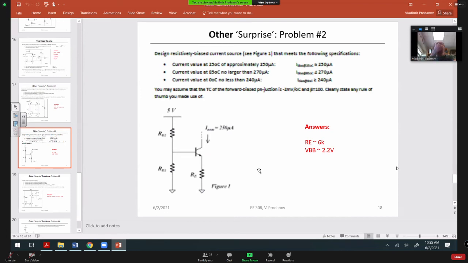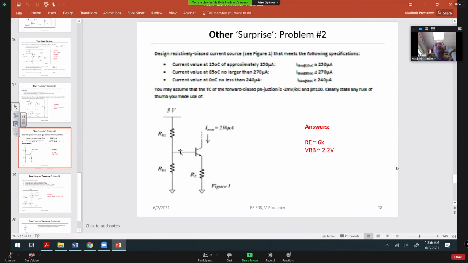This one is simpler than it appears, and it's a very old problem. You were probably in junior high when I gave this problem for an exam. Here's how it works out. This current value at 25 degrees C is approximately 250 microamps. This allows you to write a simple expression.